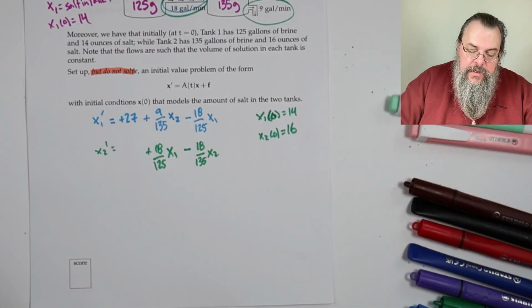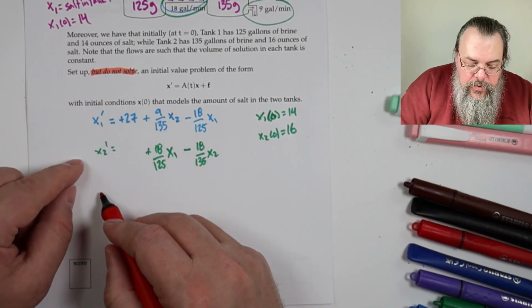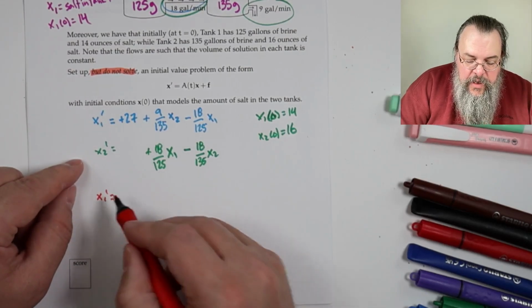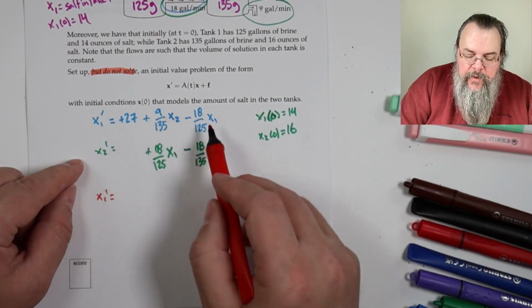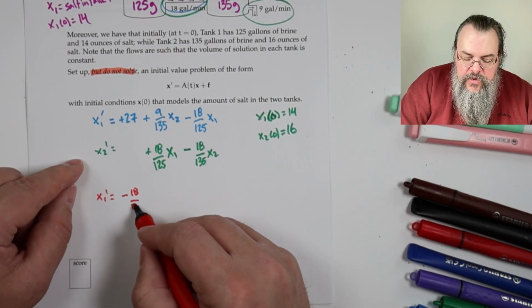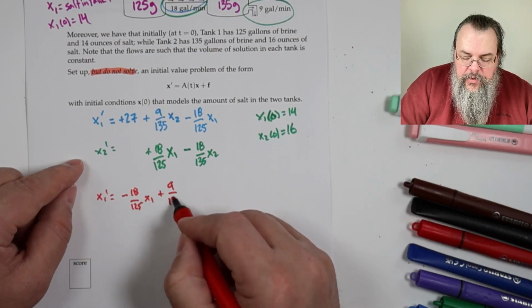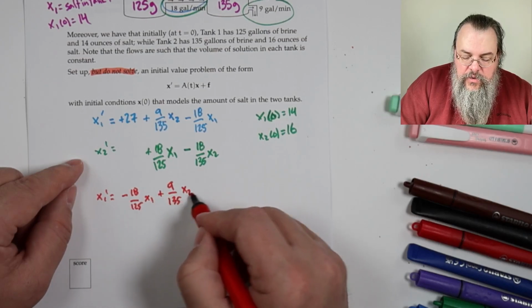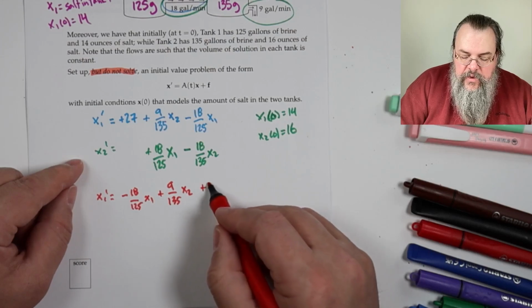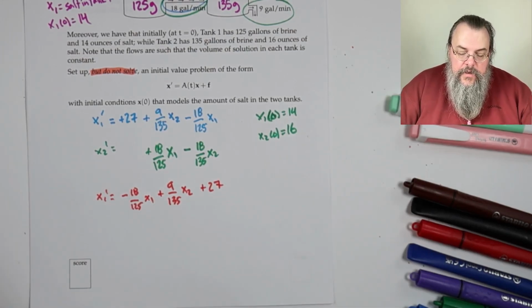Well, here we go. One way we can do it is x1 prime, and now we'll put things in order. The variables in the right order, so we have minus 18 over 125 x1 plus 9 over 135 x2 and plus 27. All right, good.